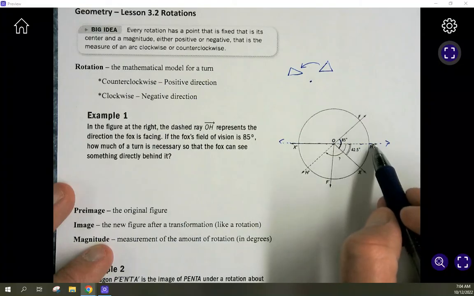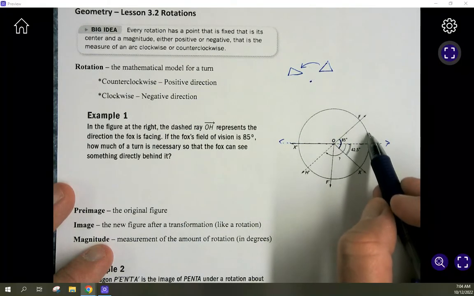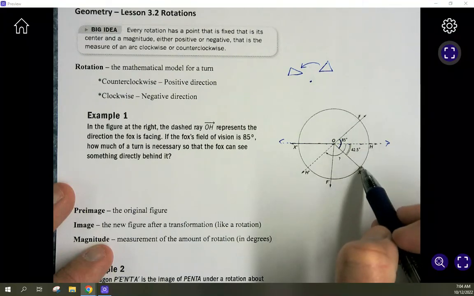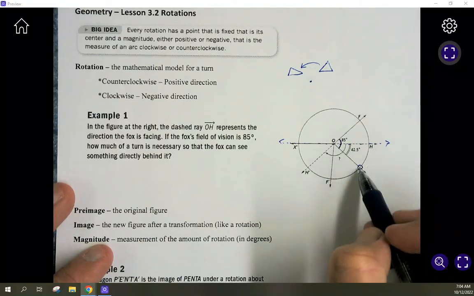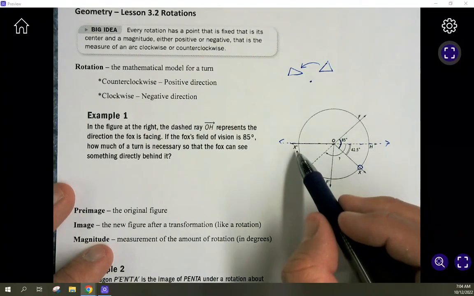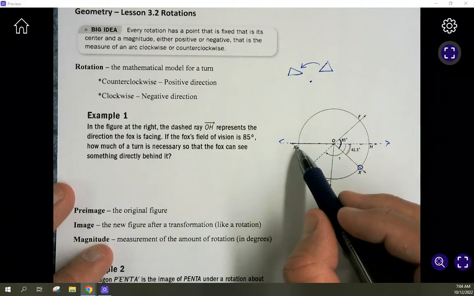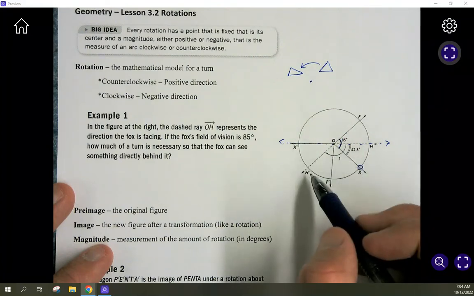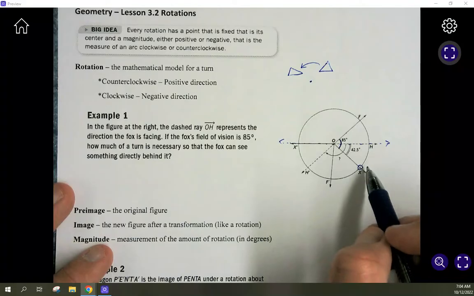But when his head is facing directly towards H, he's not just seeing H. He can see a little this way, he can see a little this way. And so what we want to figure out is how many degrees does he need to turn his head so that this X ends up here. And you'll notice that we've got another X over here with this little marking. We'll talk about that in a second, what that means.